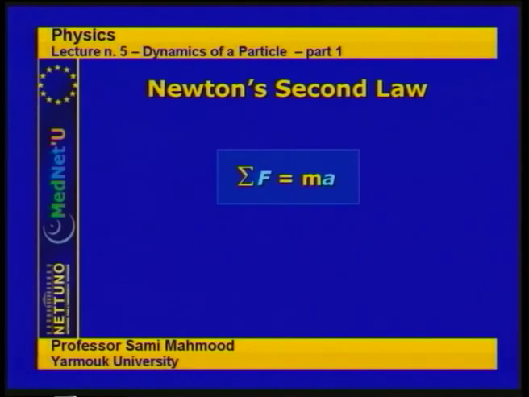Second, we come to Newton's second law of motion. This statement relates the external forces acting on the object and its resultant acceleration. The statement is written mathematically in the form summation of F equals ma.